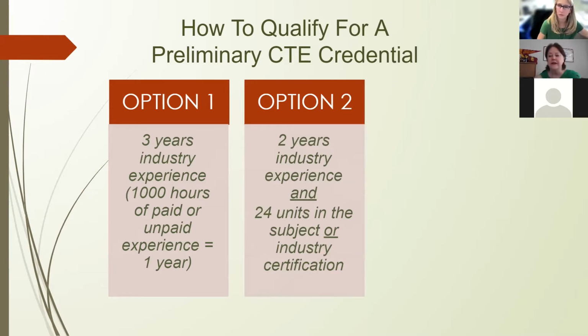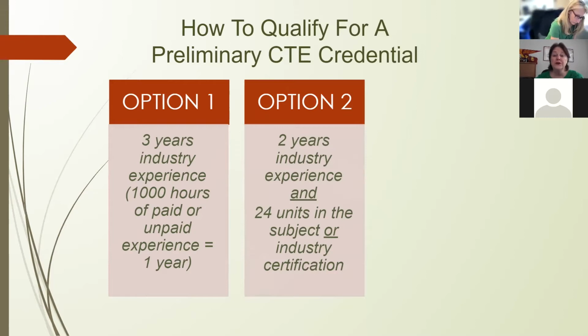Let me give you the example of having worked in the banking industry. Let's say you worked in a bank for 2,000 hours, 2 years, but you also took college courses in finance, even related courses, banking, business, those would qualify you.